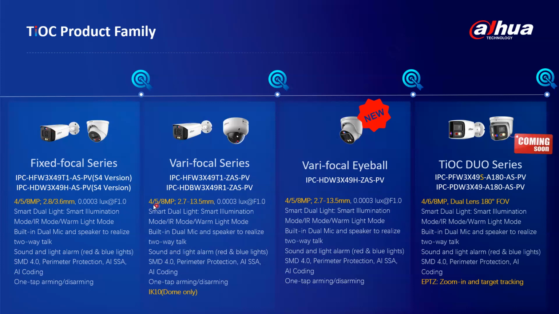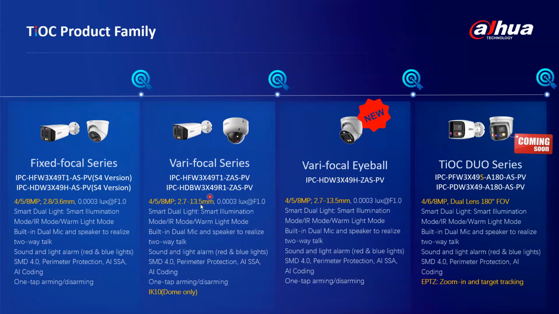They'll support these 3 resolution types: 4 megapixels, 5 megapixels, and 4K resolution. And these lens sizes can be adjusted from 2.7 millimeters all the way through to 13.5 millimeters in size.